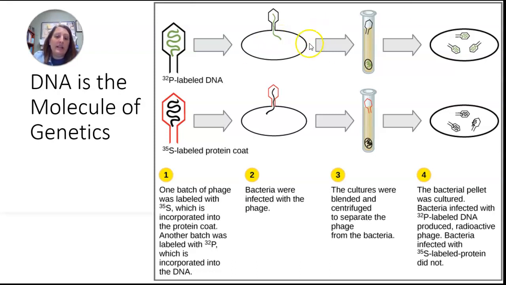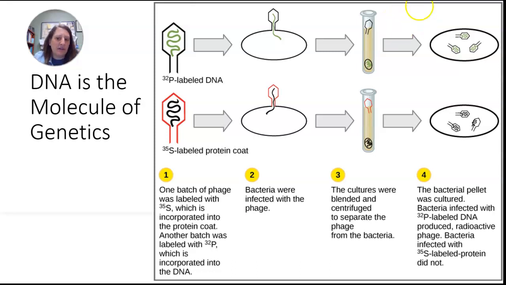They did the same thing down here, except remember, this was virus labeled with S35, so proteins were labeled. Top, we're labeling DNA. Bottom, we're labeling proteins. In this top one, after the blender, they put it into a test tube and spun it in a centrifuge, which spins samples at high speed and separates them based on density.